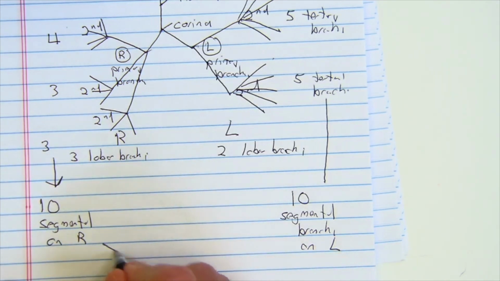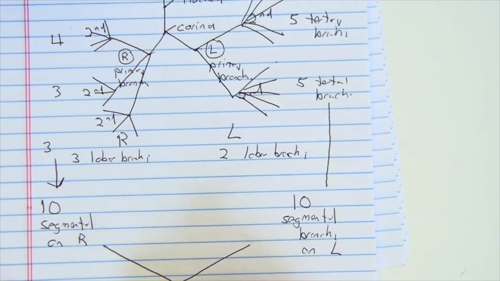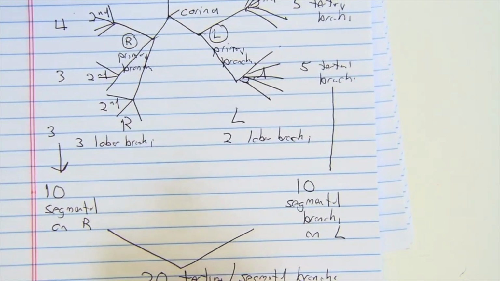And you add those two together, we end up with 20 tertiary or segmental bronchi. Therefore, those are called bronchopulmonary segments.